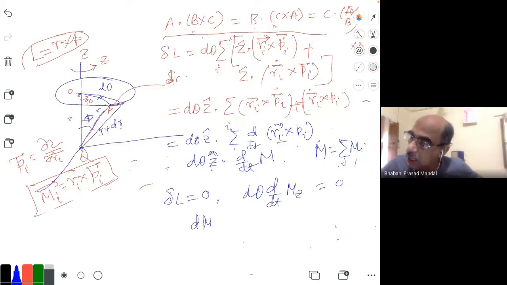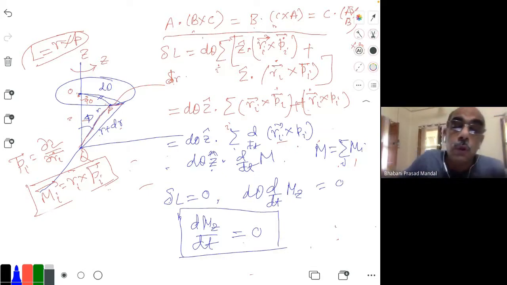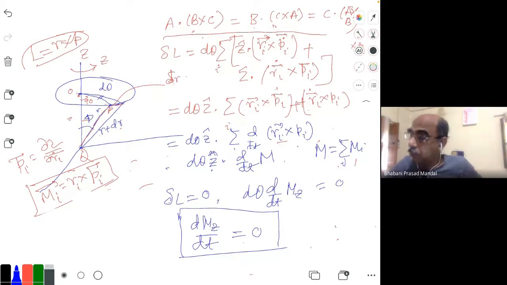That means dM_z/dt will be 0. So if I have a rotation about the z axis, then the z component of angular momentum is conserved. I'm not considering any full rotation, but a special case of rotation. If I have a rotation about the z axis and the system dynamics is invariant, then the z component of angular momentum is conserved.